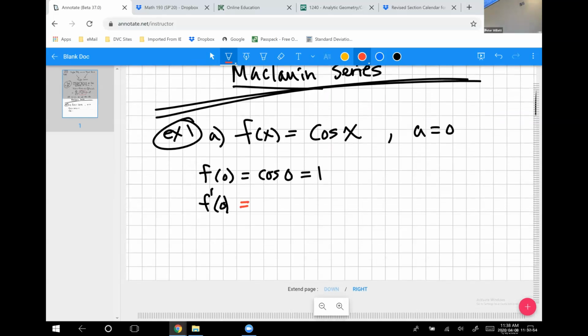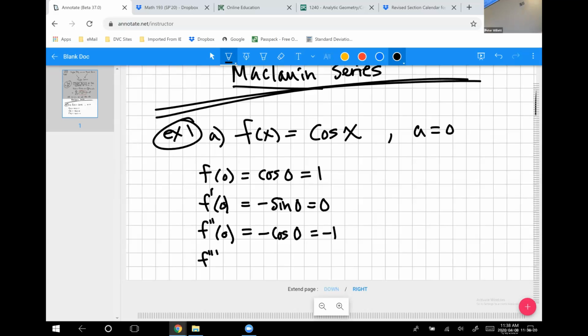The derivative of cosine is minus sine. So that would be minus sine of 0. But sine of 0 is 0. The second derivative, the derivative of minus sine, is minus cosine, which we're evaluating at 0. So that would be -1.